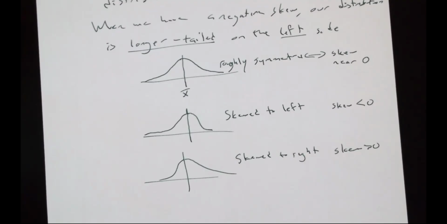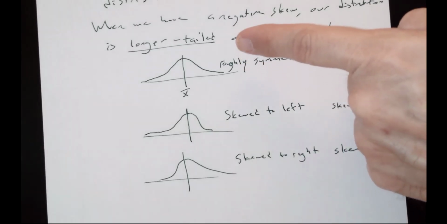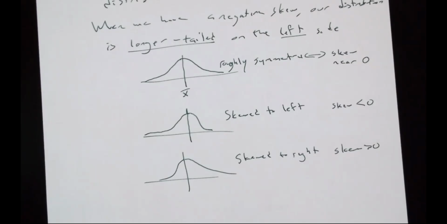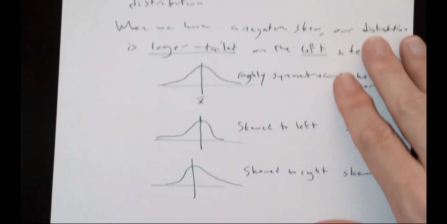The same number of things to the left of the median as they did to the right of the median. One of them was further out, one of them was closer in, but there were 2 low numbers and 2 high numbers. So the mean and the median were exactly the same. That's this picture. That's zero or very close to zero skew.